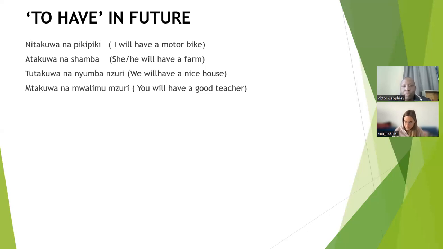Nitakuwa na mwalimu mzuri. So you see the way it is in the future, it's as simple as it is in the past. I will have, she or he will have, we will have, you will have.